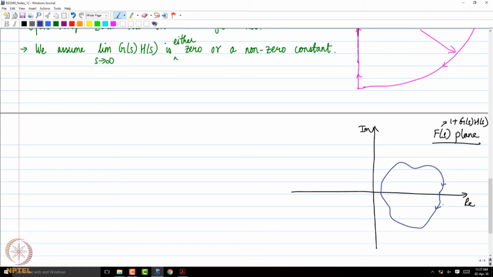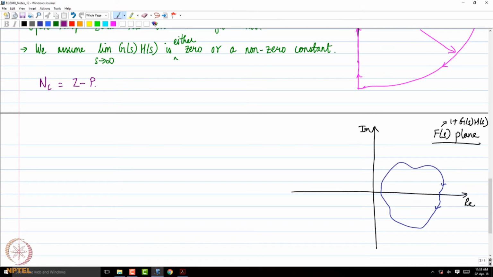Now recall that NC should be equal to z minus p. Once again, what is z? Z is the number of zeros of f of s within the contour in the s plane.